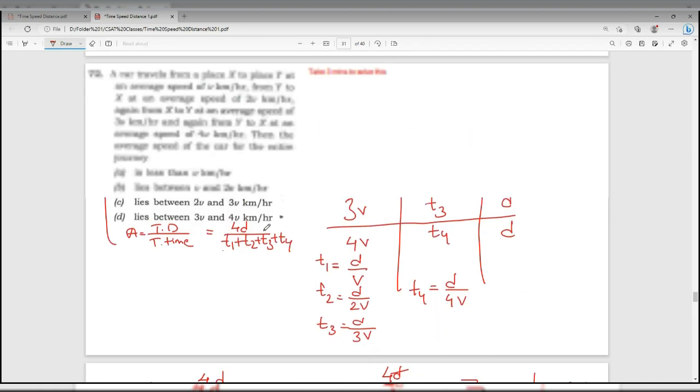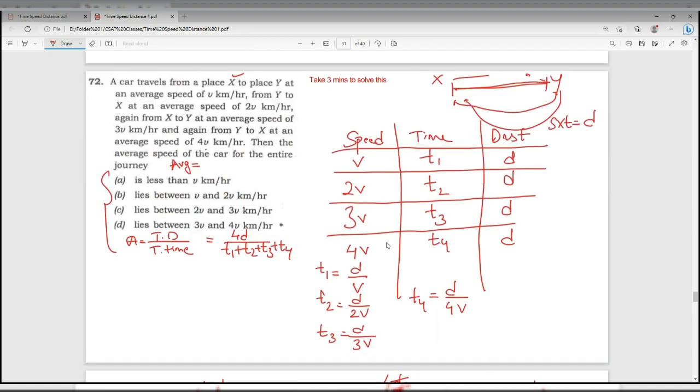So let's see the options. It is not less than V km per hour, since we have got 1.9V km per hour. So the correct option is that it lies between V to 2V km per hour. So the correct option is option B.